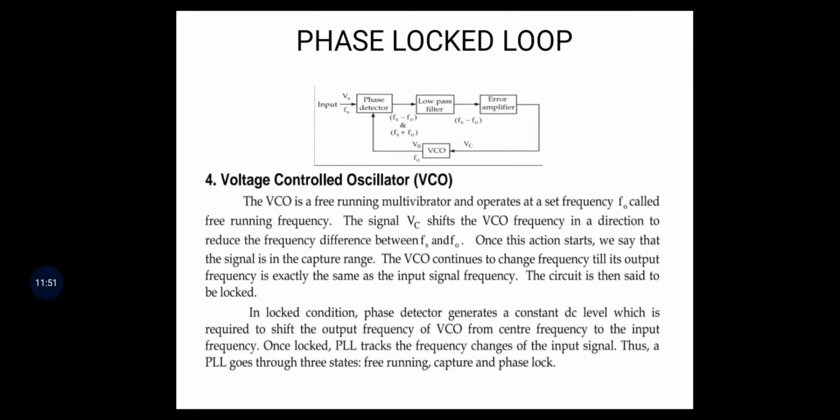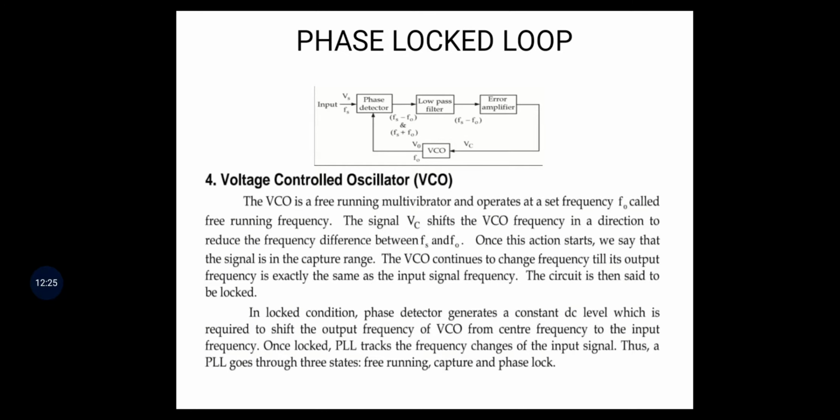Once locked, the PLL tracks the frequency changes of the input signal, and the output signal follows the input signal. Thus, the PLL goes through three states: free running state, capture range, and phase lock.